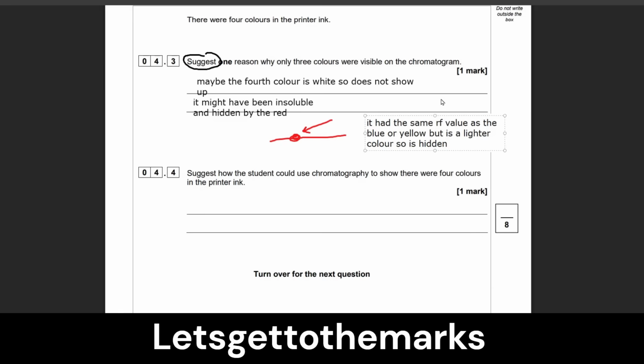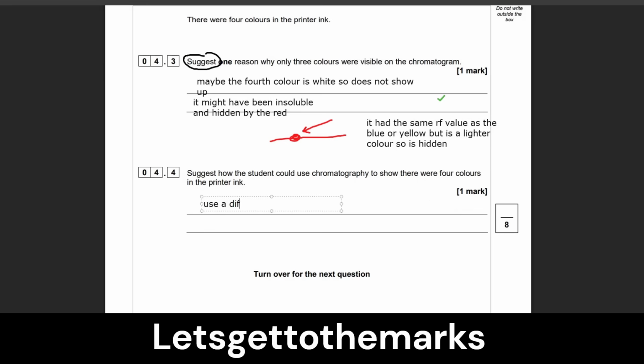That was the suggestion. Suggest how the student could use chromatography to show there were four colors in the printer ink. Well, what we could actually do is use a different solvent.